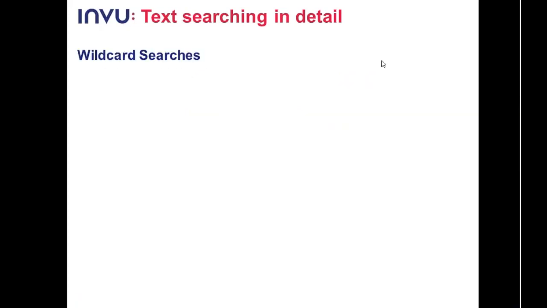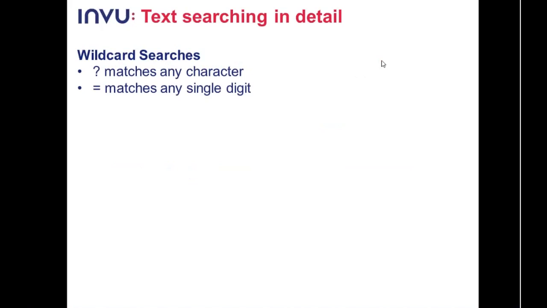Right, wildcard searches. You may or may not already be aware of some of these wildcards that can be used in Invu when you're doing a text search. A question mark will basically just match any character. An equals will match any single digit.